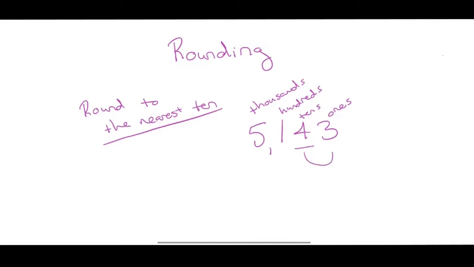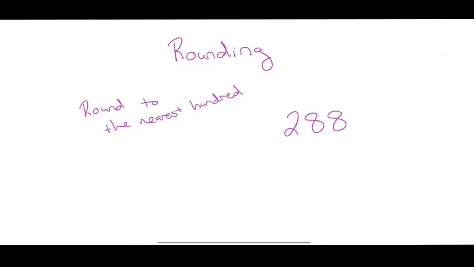And then I look immediately to the right, and I ask myself, is that more than 4? Well, 3 is not more than 4. So 4 stays the same. So it becomes 5,140. And that's how you round 5,143 to the nearest 10.